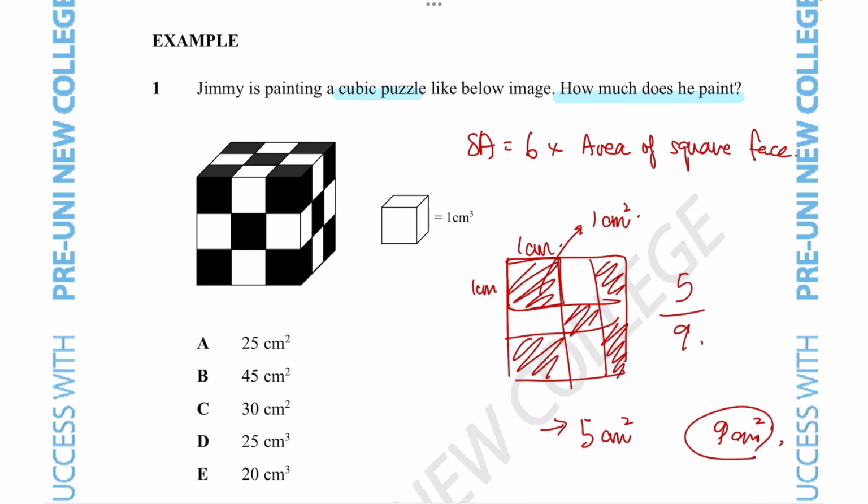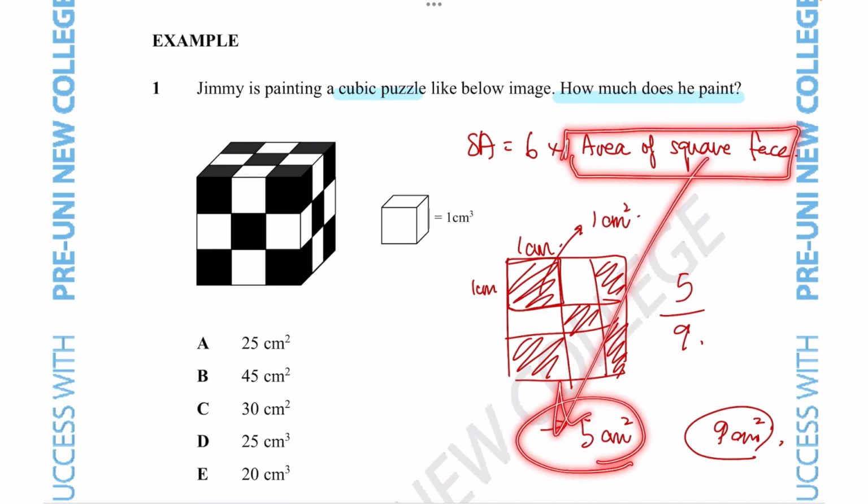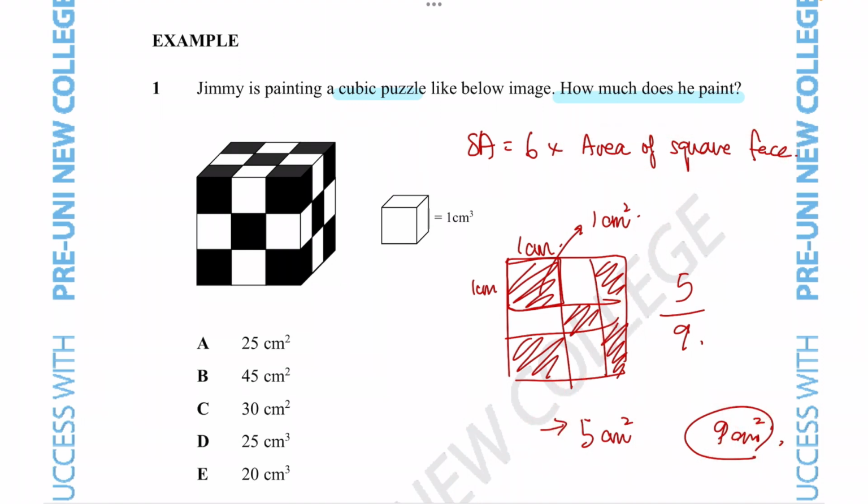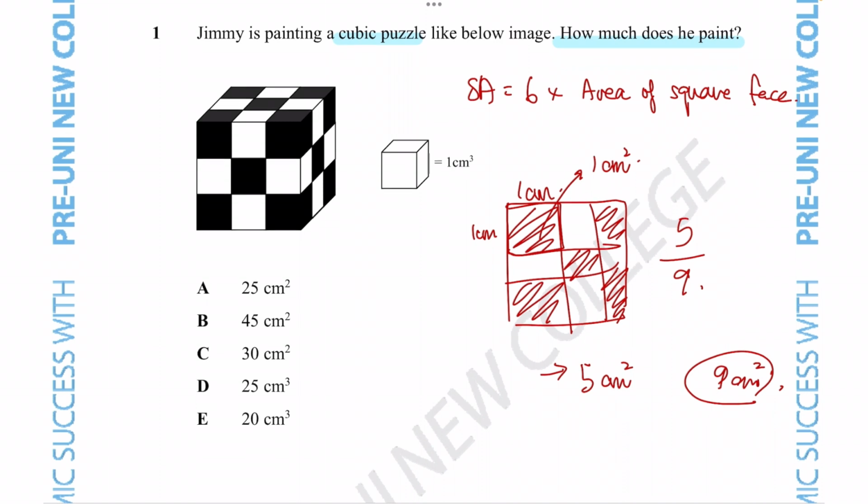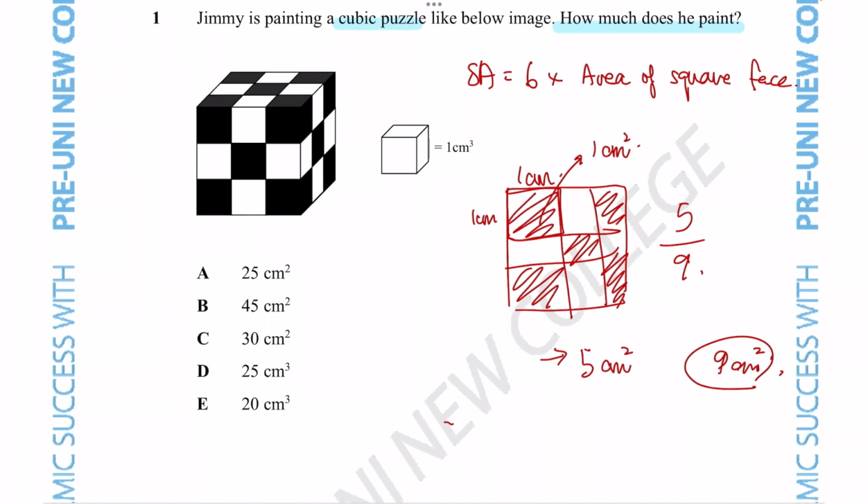So the area of the square face is going to be this value rather than this one. Let's do the equation with that adjustment made. The surface area is equal to 6 times 5 centimeters squared, so that results in the answer being 30 centimeters squared, which gives us option C as the final answer.